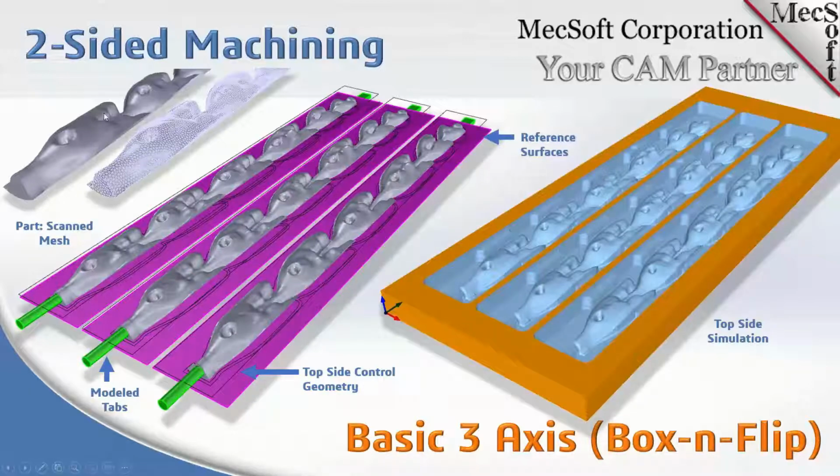So on the very top left, we see the part. This is a scanned part for a woodworking technique. We have three copies of the part here on the left, and you'll notice that not only do we have the bridges modeled, but we also have curves drawn on the XY plane.